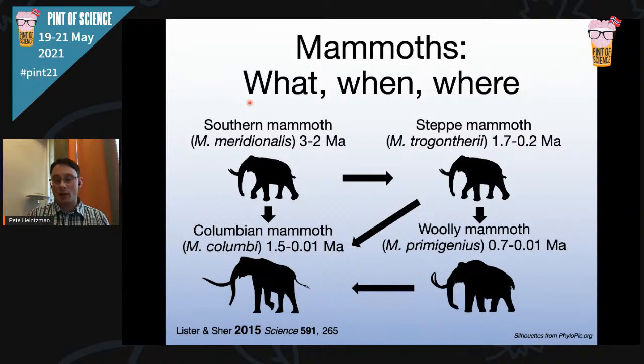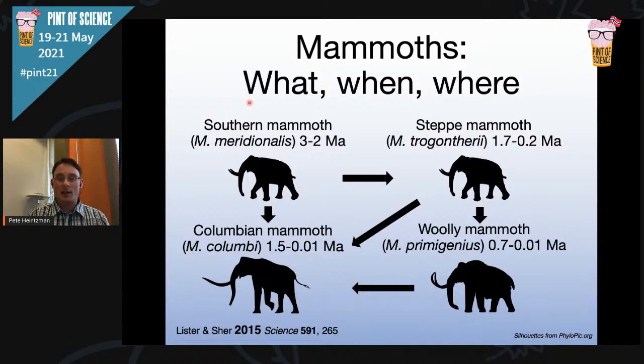based on morphology and also some earlier genetic work. It's important to note that prior to our study, there was already a lot of genetics that had been done on the Columbian mammoth and the woolly mammoth. And that is very interesting, because some studies were suggesting that the Columbian mammoth actually fell within the diversity of woolly mammoth, which is very confusing because the anatomy of them is very, very different.